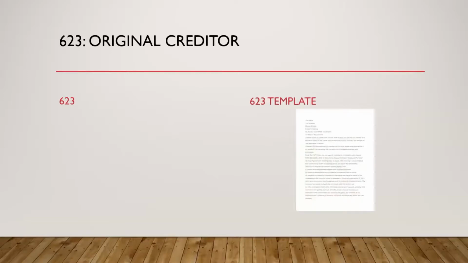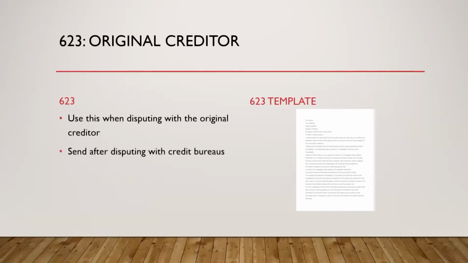So when you're using the 623, it's to the original creditor, and this is a template that you can just look up online. Use this when disputing with the original creditor. You're going to send this after disputing with the credit bureau, because section 623 states that you can dispute with the original creditor, but after the account has already been disputed with the credit bureaus.